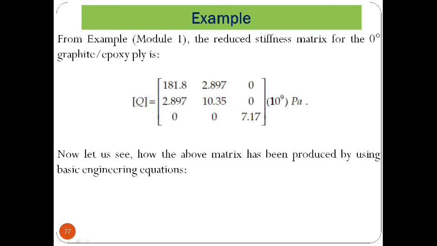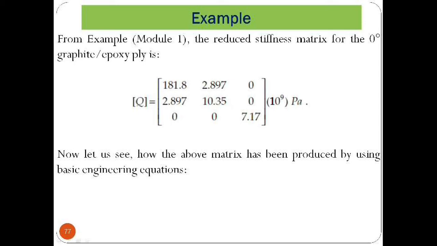So this Q is to be used in the macromechanical analysis of a laminate, but it has to be obtained from macromechanical analysis of a lamina, because right now we are considering 0 degree, and this is one lamina, another lamina with an angle of 30 degree, and the third one is of minus 45 degree.